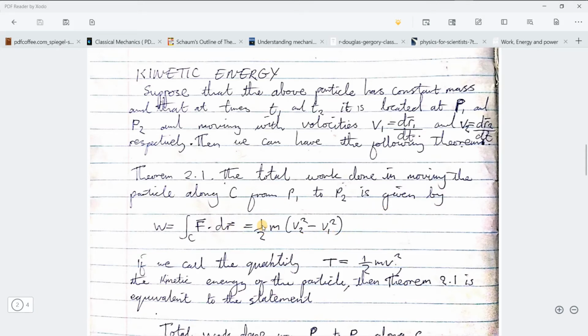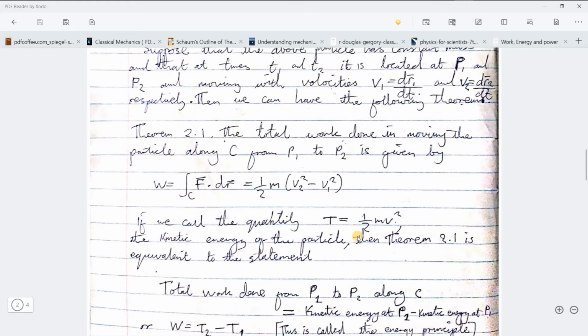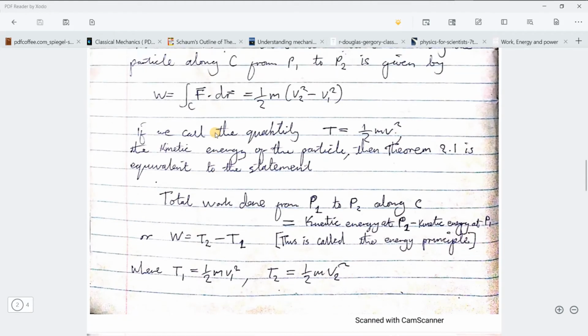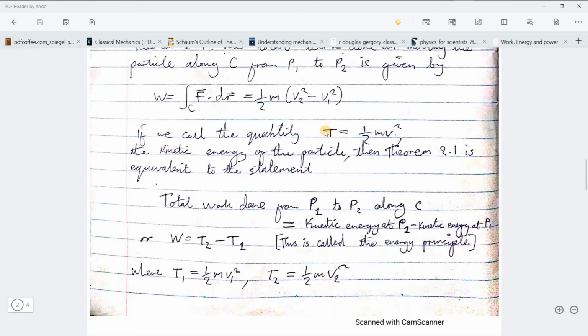As you can see, this is literally half m v2 squared minus half m v1 squared, just the change in kinetic energy, and we calculate the work done. Okay, and here we're saying that if we call the quantity T, if we say T equals half m v squared, we've called this T, the kinetic energy.